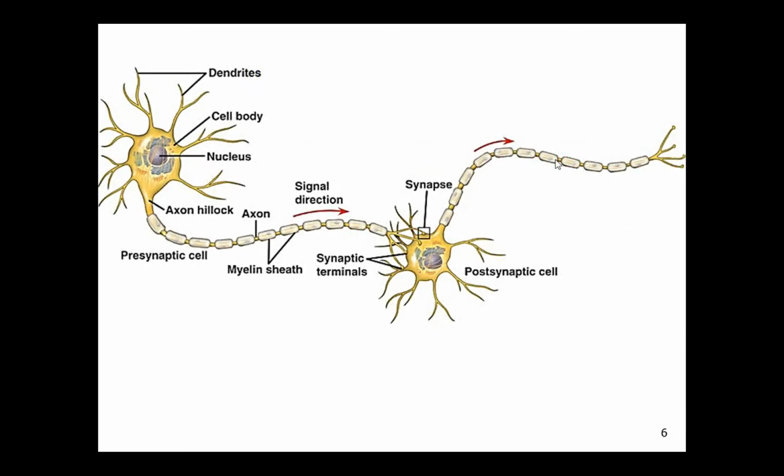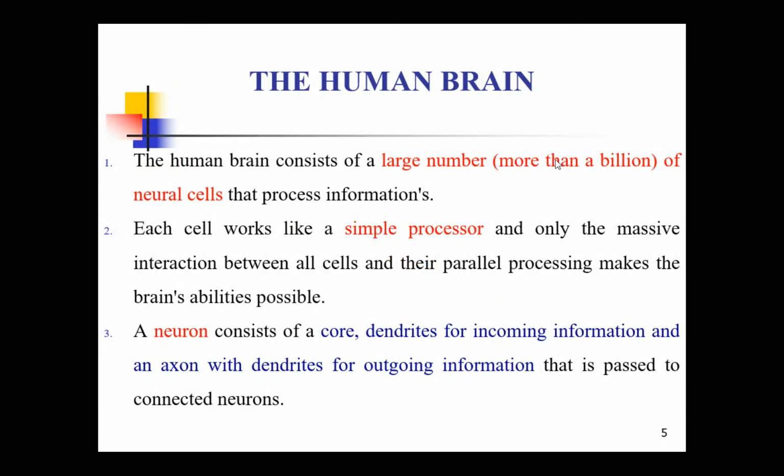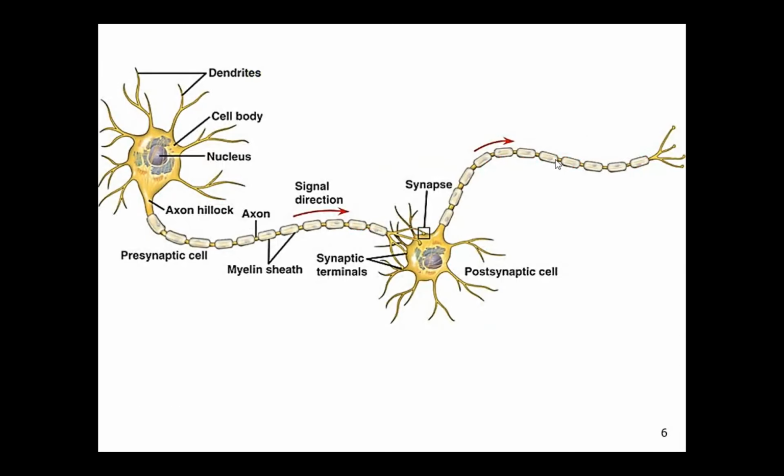So you can see, neurons have dendrites. The dendrites are specifically useful for getting the incoming information, whereas the axon with the dendrites is for outgoing. Here you can see the dendrites, which bring the information from the previous neuron to the present neuron.